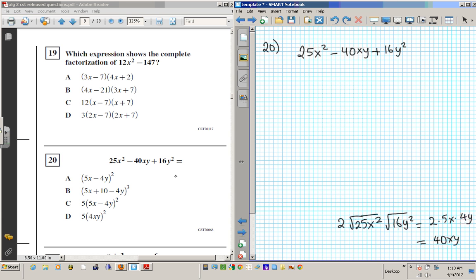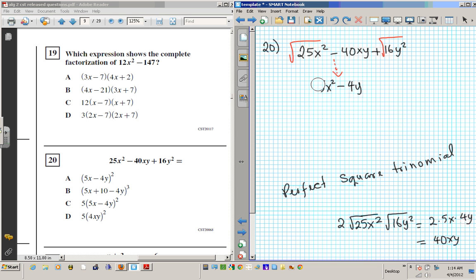So if it's a perfect square trinomial, that means there's a factoring trick I can use. What is that? All you do here is you simply square root the first term and the last term, and then you drop down the middle sign. So what is the square root of 25x squared? It's 5x, minus the square root of 16y squared, 4y.